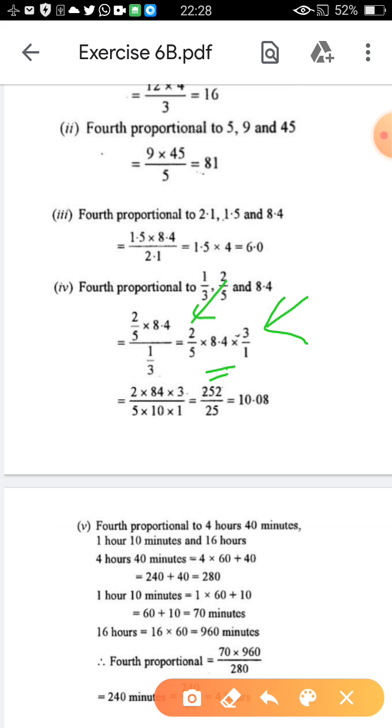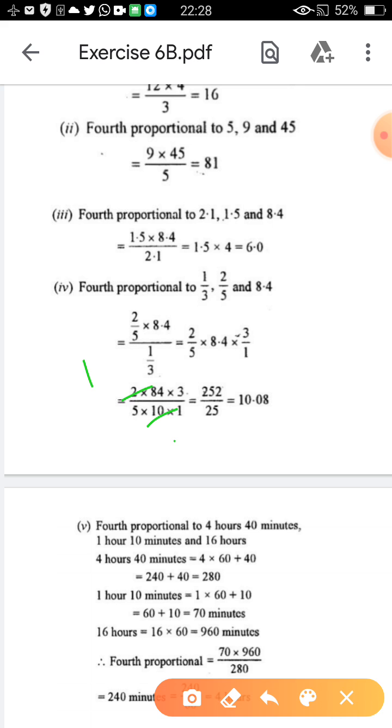To eliminate the decimal point, we will write 84, and in the denominator in the same way we will multiply by 10. So 2 into 84 into 3 divided by 5 into 10 into 1. So this calculation we will do. After doing this calculation, we can do some other calculations here.